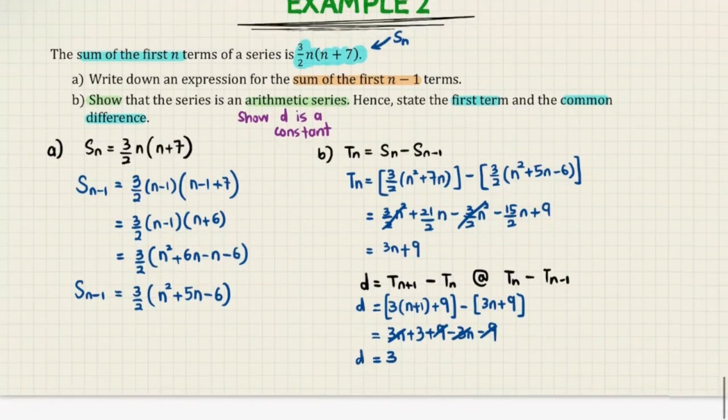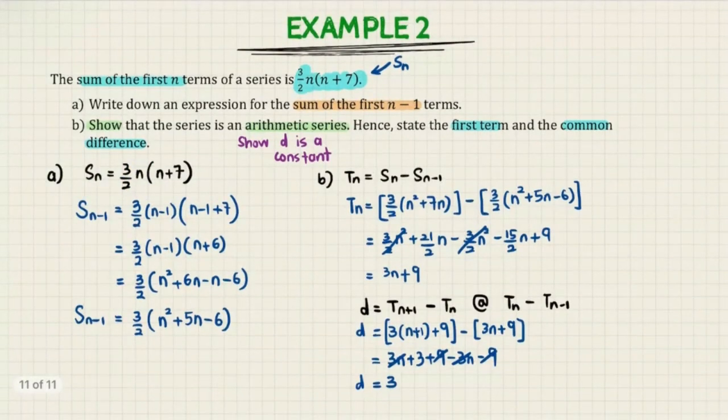So tadi apa saya beritahu? Kalau kita dapat show the D is a constant, so D kita adalah constant, so it is an arithmetic. So kat sini saya akan mention conclusion dia.